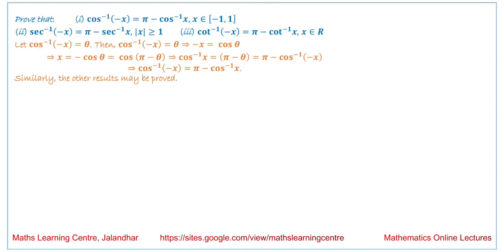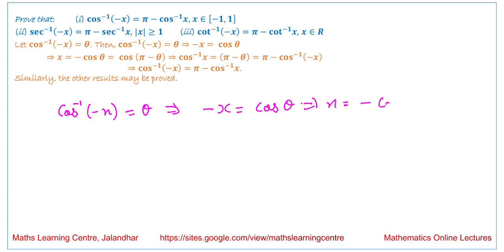Next is, if the function we have is cos inverse of x, so we are writing, let cos inverse of minus x be equal to theta, then this implies that minus x is equal to cos theta. This implies x is equal to minus of cos theta.